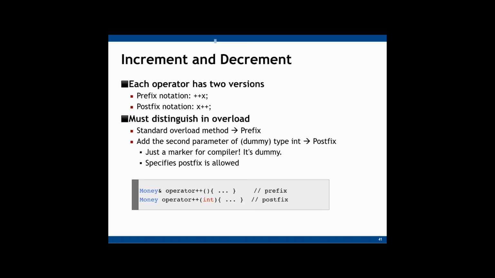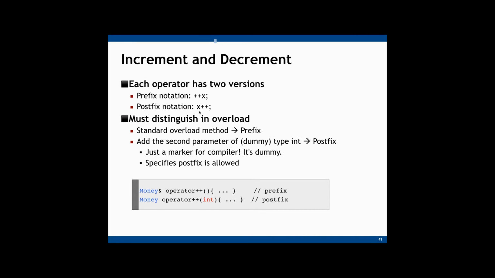And if you want to overload increment and decrement operators, which is this one, plus plus or minus minus, you need to be aware that there are prefix and postfix notations for these operators. The prefix notation is this one, and postfix notation is this one. I'm sure that you have already learned the prefix and postfix notations in C programming course.